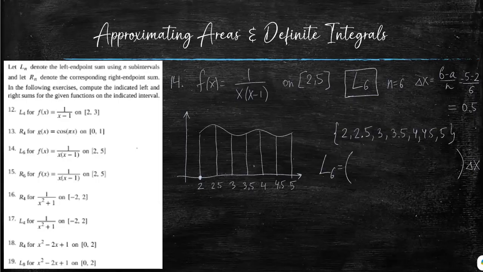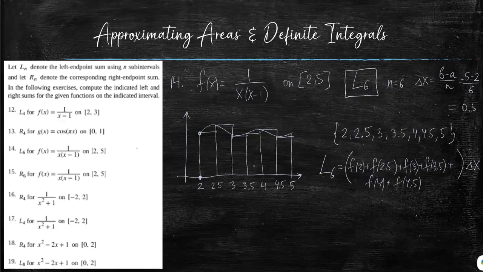Since I'm using the left endpoint approximation, I'm going to find the height of each rectangle using the left endpoint. So it's going to be f of 2 times delta x plus f of 2.5 times delta x, and so on: f of 3, f of 3.5, plus f of 4 plus f of 4.5.